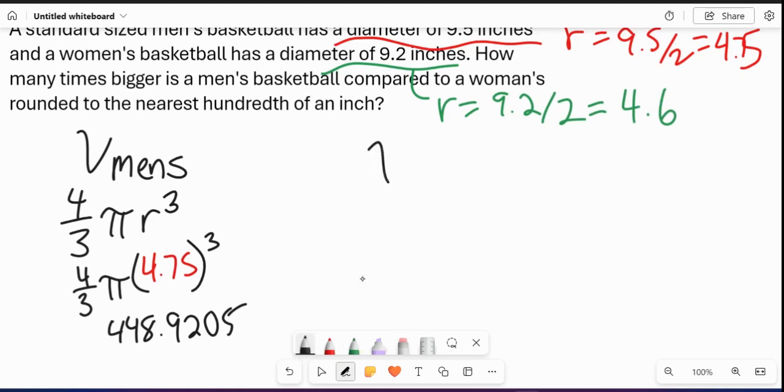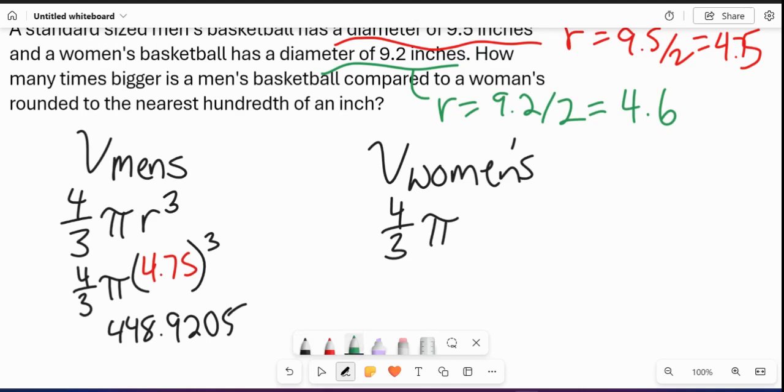So the volume of the women's is the same thing as the men's, right? 4/3 pi r cubed, instead of 4.75 cubed, it's 4.6 cubed.